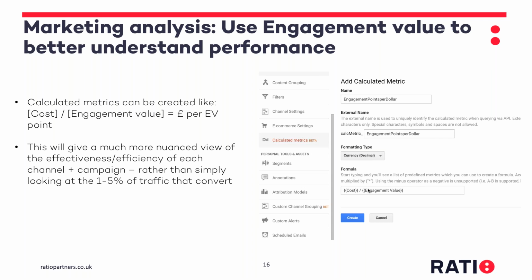And this is quite a nuanced way to work out how efficient or how effective a specific channel or campaign is, because the reality is that only a small percentage of the traffic that you're sending to your website from a campaign will convert. So a calculation like cost per acquisition or something is not as nuanced as this sort of calculation, which is also helping us understand how all those people that didn't convert but still were quite well engaged by the campaign.